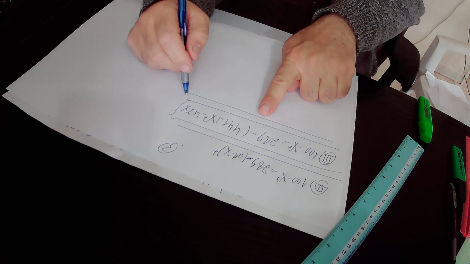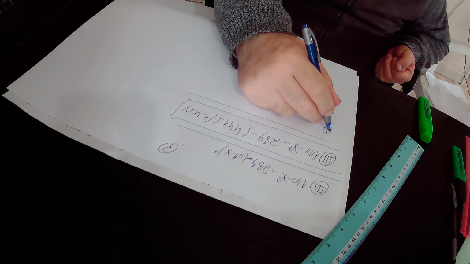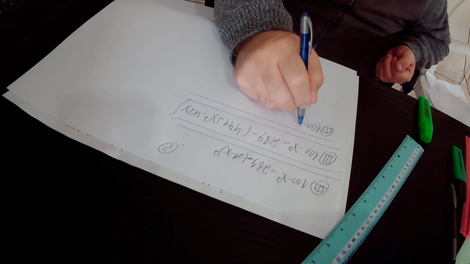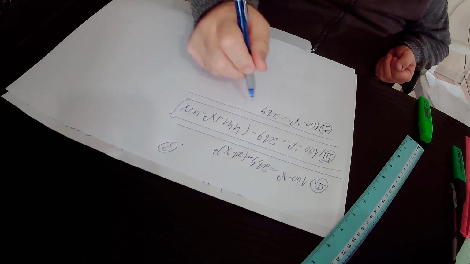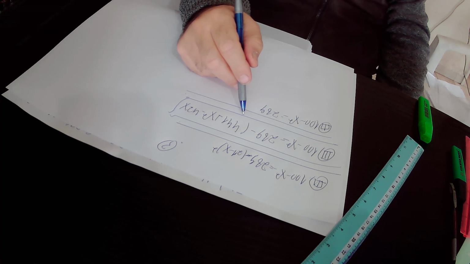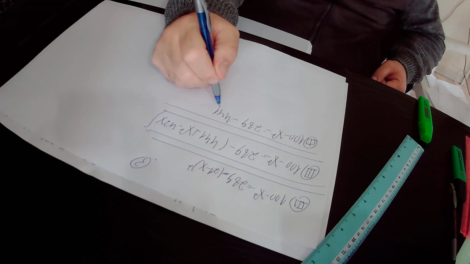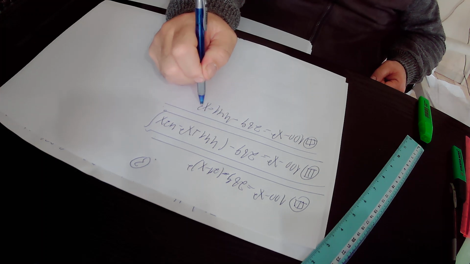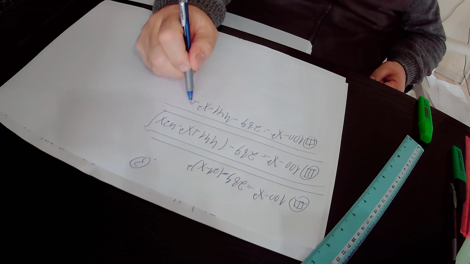So here we'll open the brackets of this expression. We get that according to equation 3, 100 minus x squared equals 289, and we have minus before the brackets, so this expression after we open the brackets will be equal to minus 441 minus x squared, and here we have minus times minus is plus, so minus 42x becomes plus 42x.